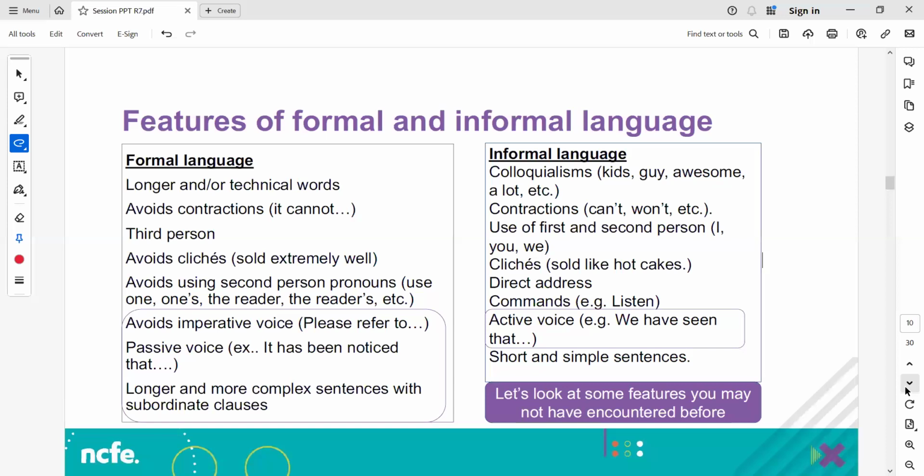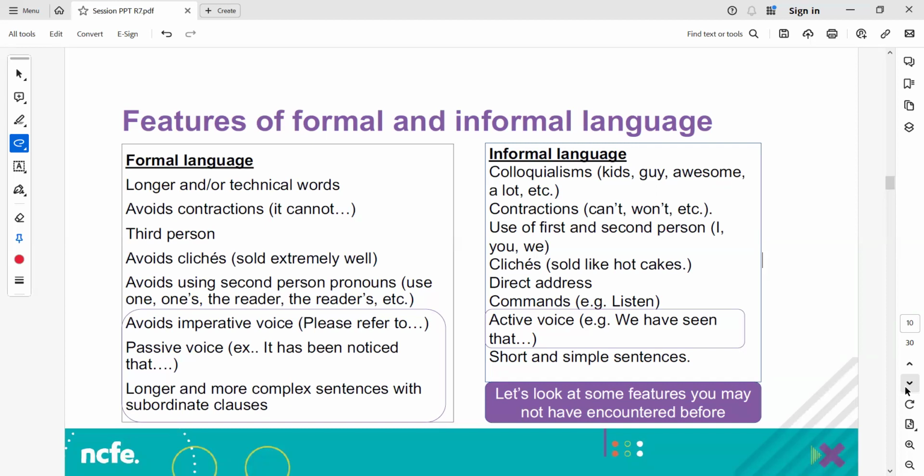The third person, so he, she, one, rather than I or you. It avoids clichés. So you may see in a sales report, "the product sold extremely well". You would not see clichés such as "they sold like hotcakes". It wouldn't use those kinds of clichéd phrases.